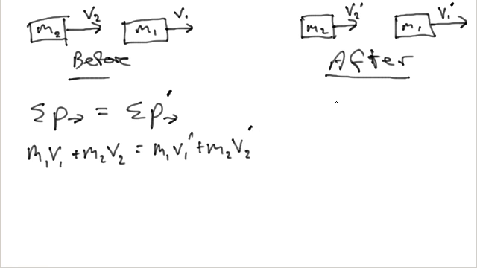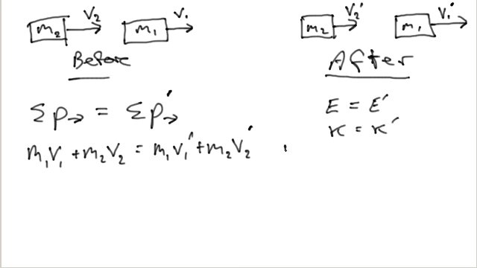I think I'll try to fit in the energy over here. The energy in the before picture is equal to the energy in the after picture, and the only energy we have to worry about here is the kinetic energy.